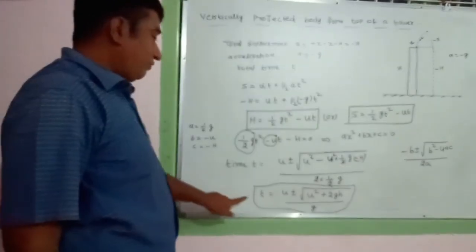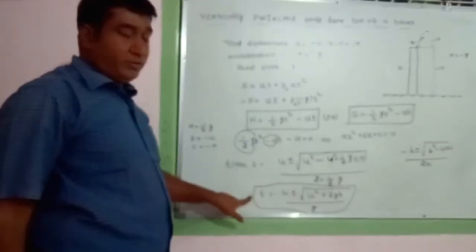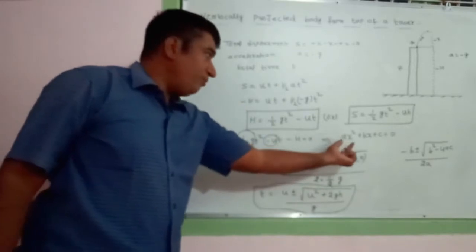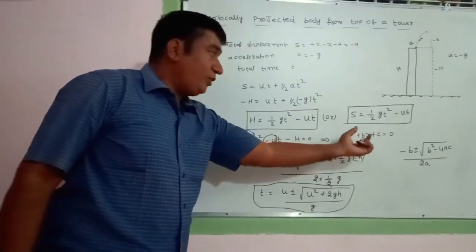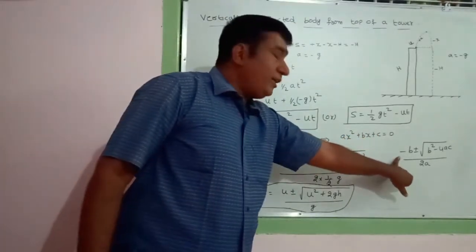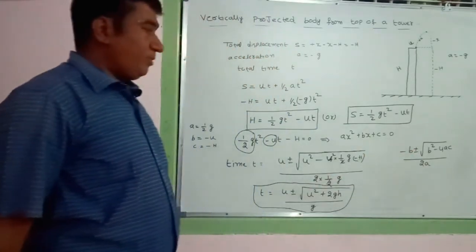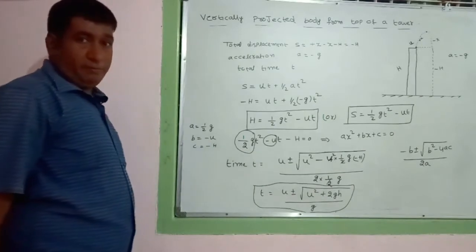So you can remember this formula in order to find the time t, or by substituting, if they have given some equation in the form ax square plus bx plus c, we can use the quadratic formula directly: minus b plus or minus root of b square minus 4ac by 2a.